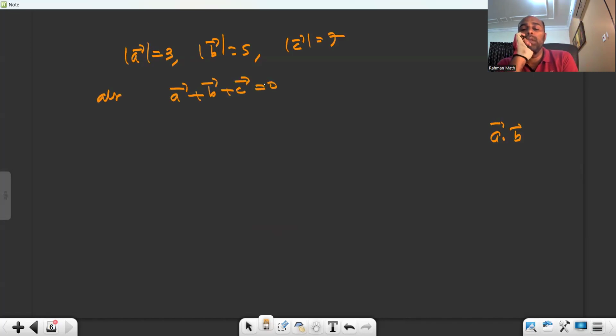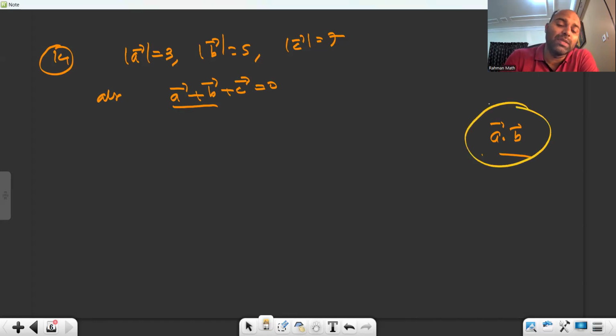Try to understand. If they are asking the angle between A and B, you keep those there and the other term you transpose to the other side. If they are asking the angle between A and C, you keep those there, B you transpose to the other side.